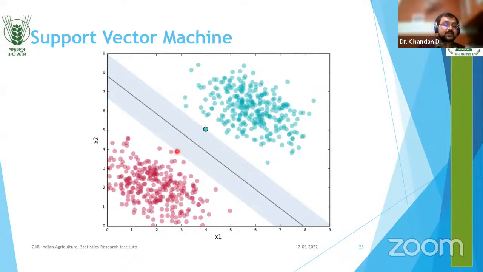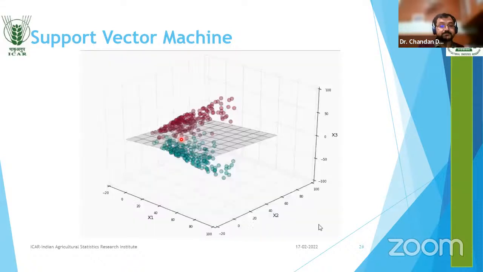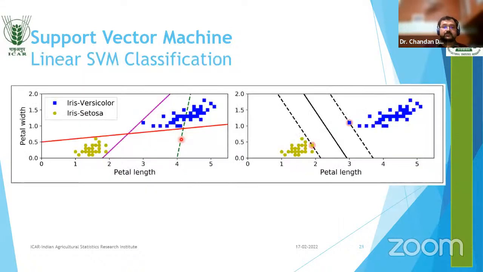Because whenever a new object comes to be classified, whether it belongs to the red class or the green class, it helps that the road is maximized. So this support vector machine can be used for linear classification.